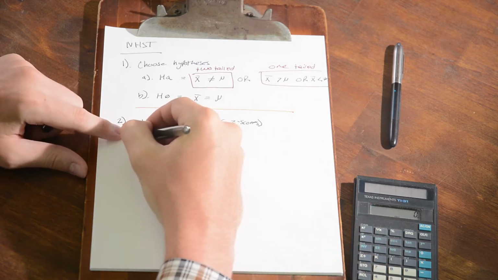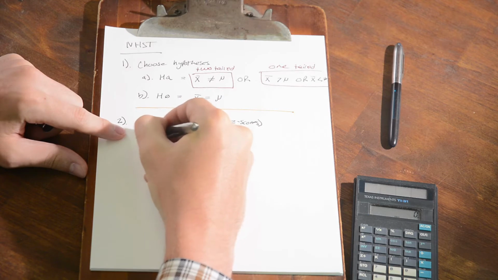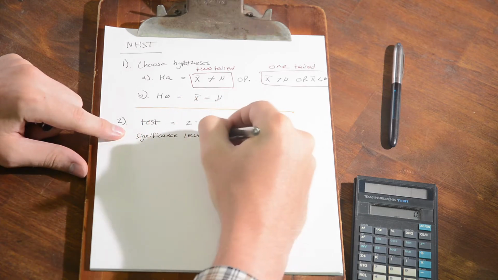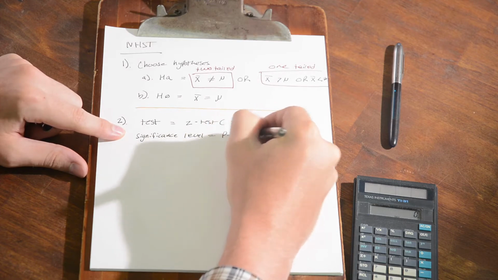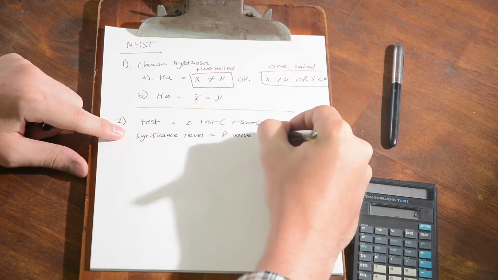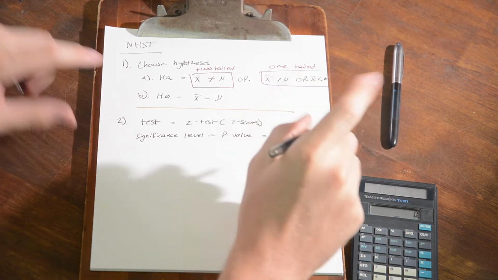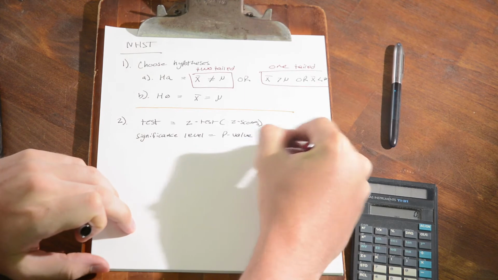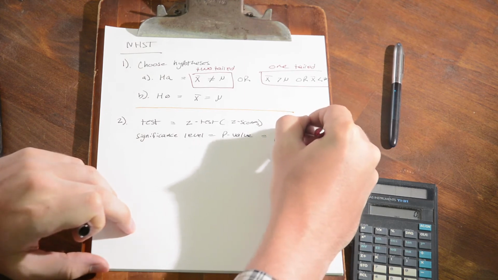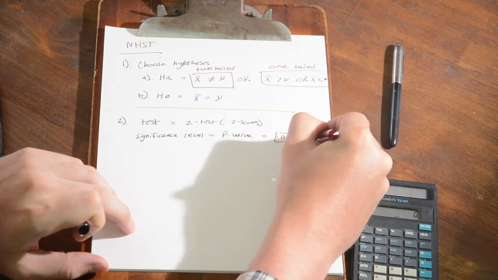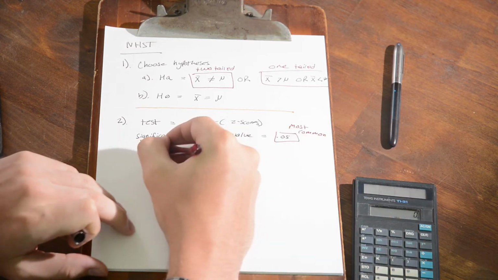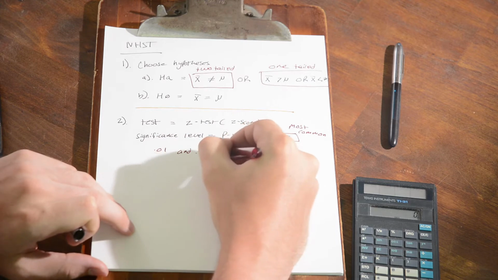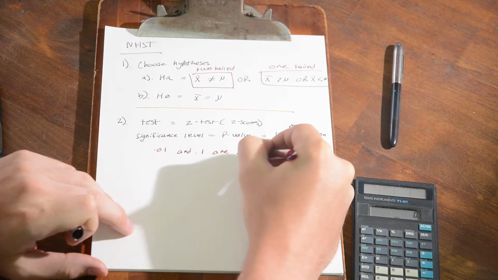For our significance level, often called a p-value, we're going to set that to 0.05. Now, it should be noted that 0.05 is most common, but 0.01 and 0.1 are also used.